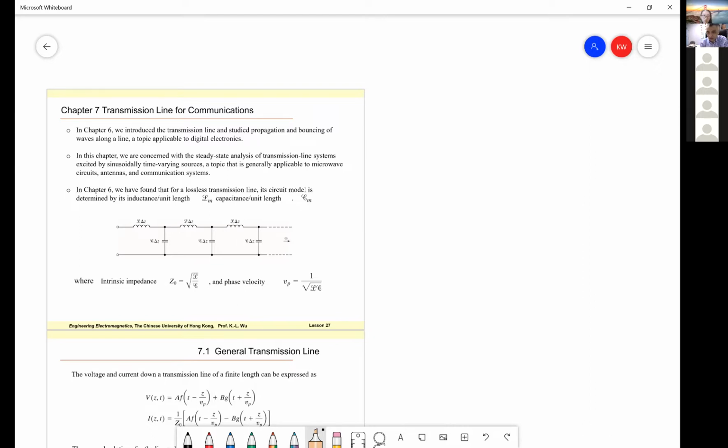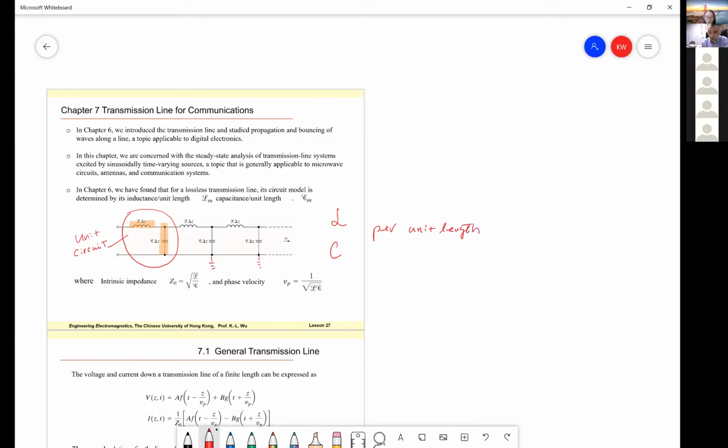What we learned is that a transmission line can be represented by many sections of this. This I call a unit circuit. That is a series inductance, shunt capacitance, shunt to ground. Okay, this is ground. And L and C are the inductance and capacitance per unit length.